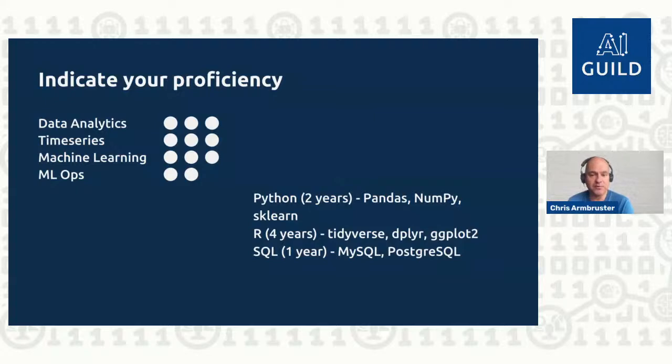But if you have 2 or 3 dots that you would give yourself and you feel confident about it and you're ready to be queried about this, then you can use such a visual schema to make it even easier for your reader and help them understand at a glance what data role you're in and what your strong suit is.